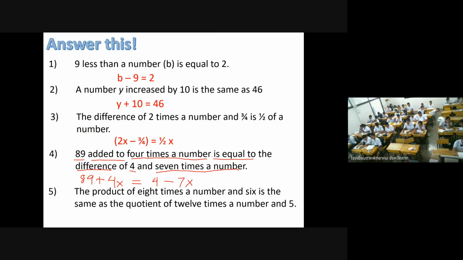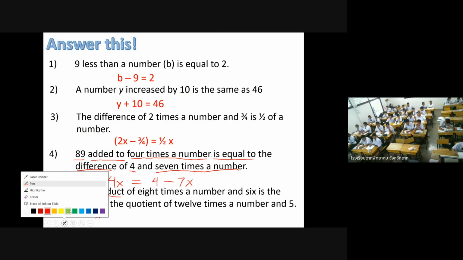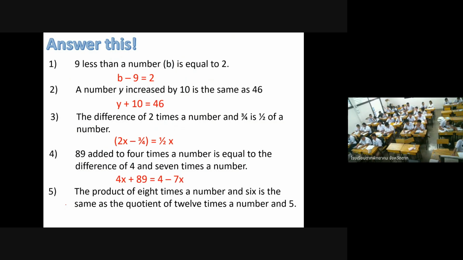Next. The product means multiply, multiply what? This one you multiply first, okay. 4x plus 89, since addition is commutative.